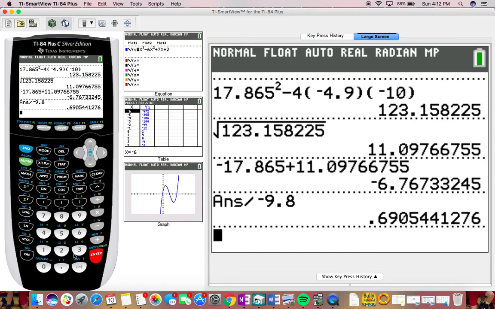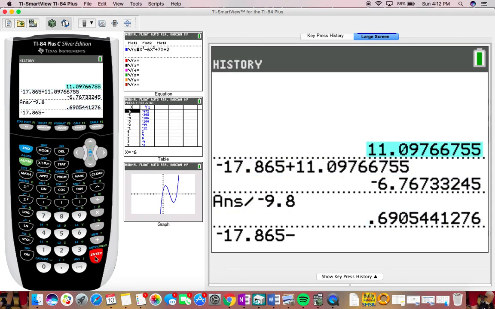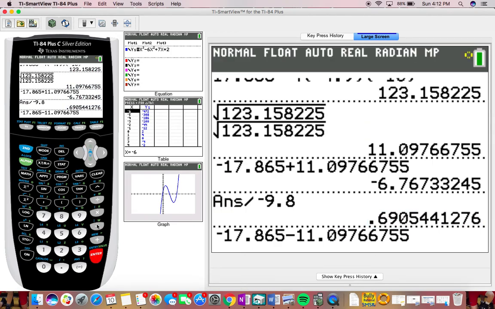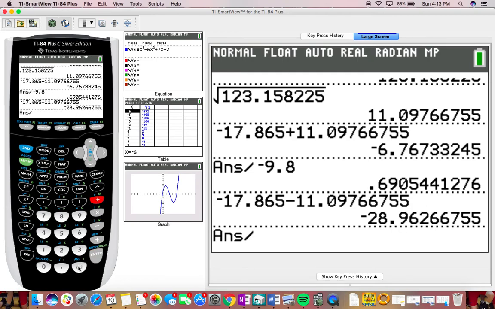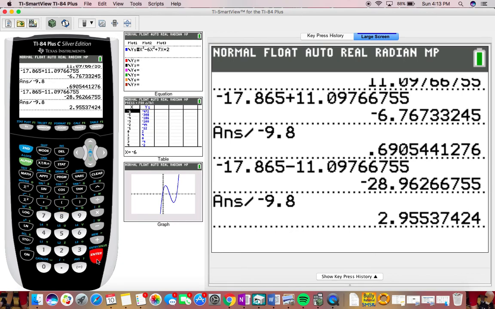Okay, let's try the other one. So negative 17.865, this time minus 11.098, and then let's divide by negative 9.8. And another possible scenario for my time is for the ride to stop in 2.955 seconds.